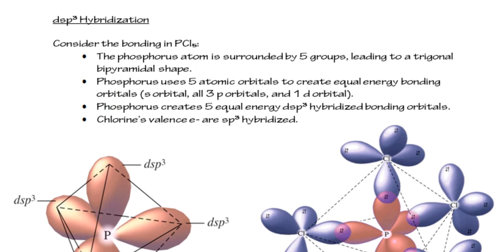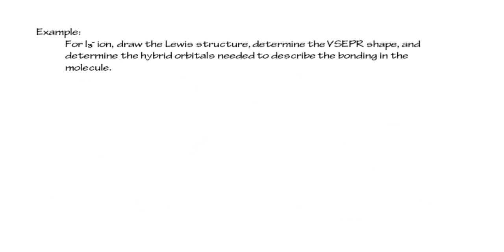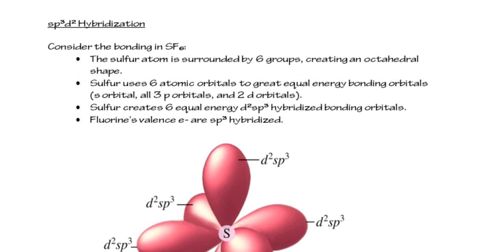Now this you're going to love because you can cross it off. You do not need to do any hybrid orbitals that involve d's. So we're not going to do this dsp3. We're not going to do this example. Or we're not going to do this one with 2 d's.